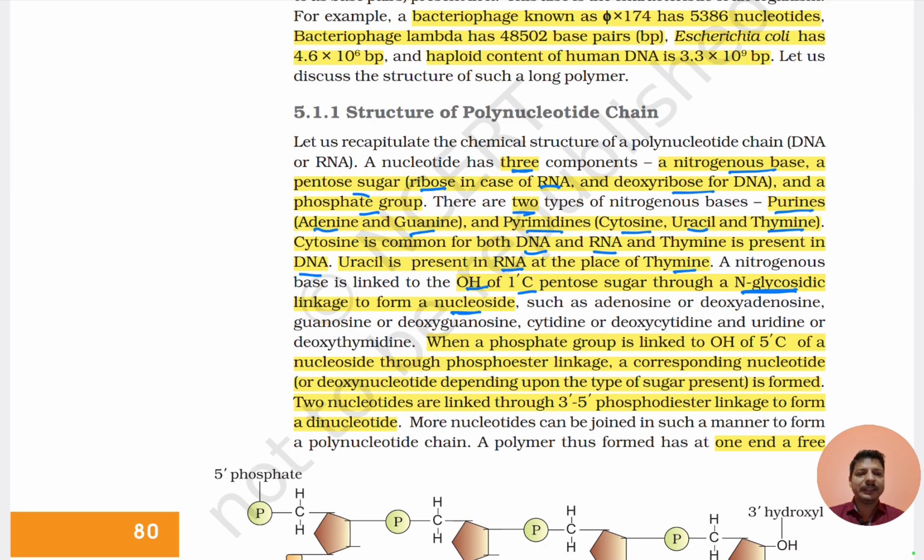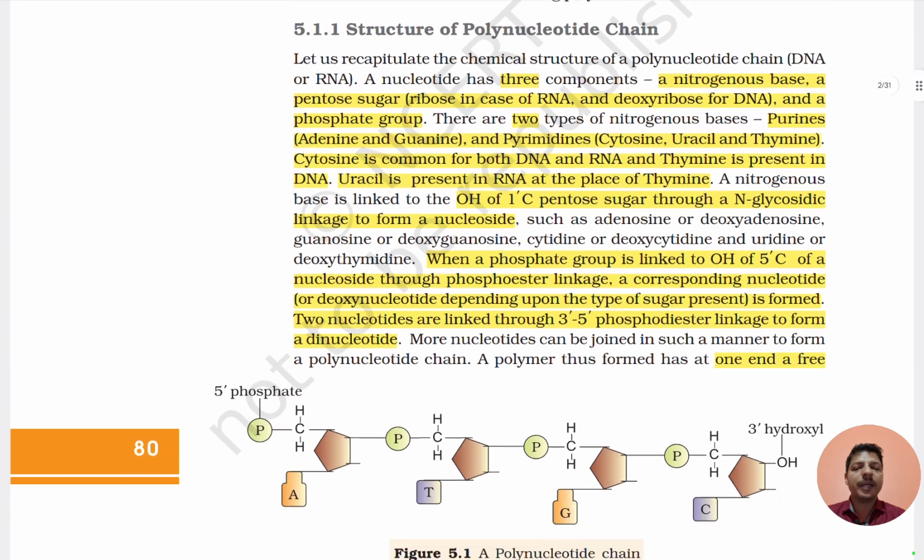When a phosphate group is linked to the OH of the 5' carbon of a nucleoside through phosphodiester linkage, a corresponding nucleotide is formed. Like so, here we can see a phosphate group linked to the OH of the 5' carbon of a nucleoside through a phosphodiester linkage to form a nucleotide.